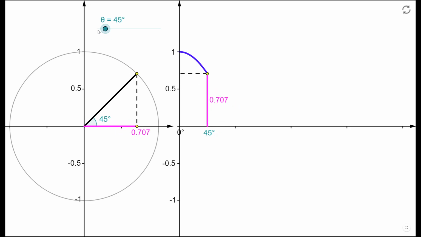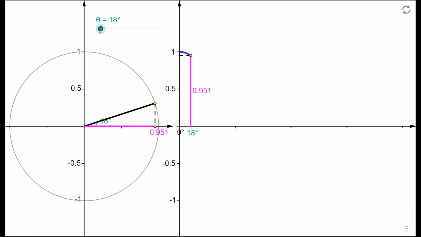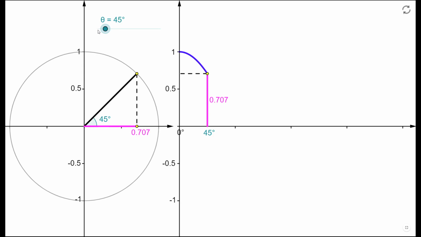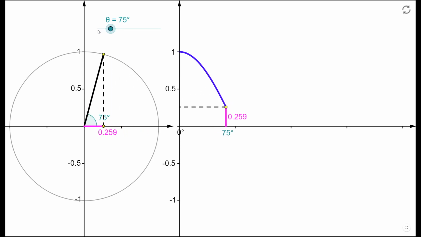And we can see that from the start, our pinky purple line is the furthest away it can get on the x-axis. And as our angle gets bigger, the pinky purple line gets smaller and smaller up until this point where it doesn't exist anymore. It's a 0 length.